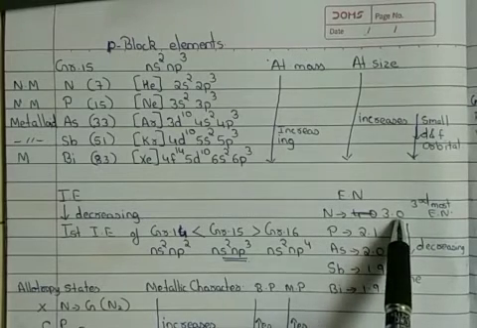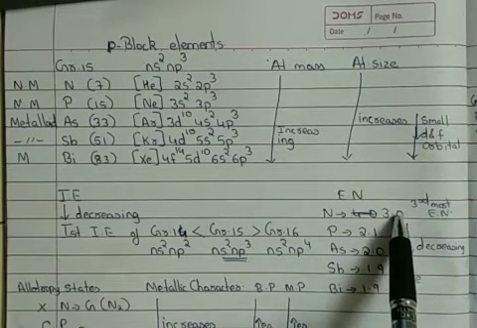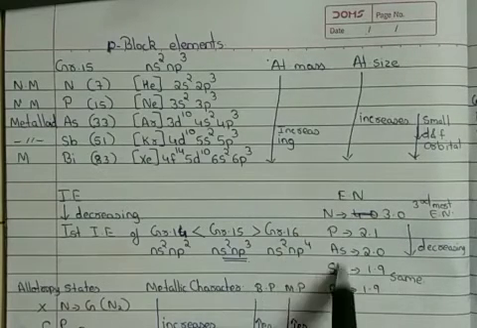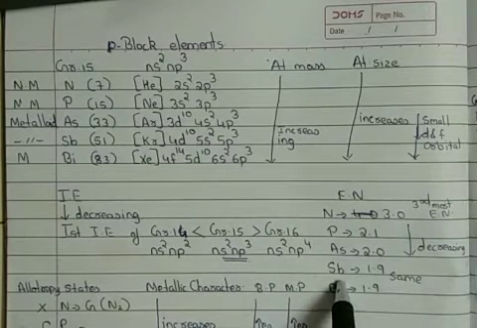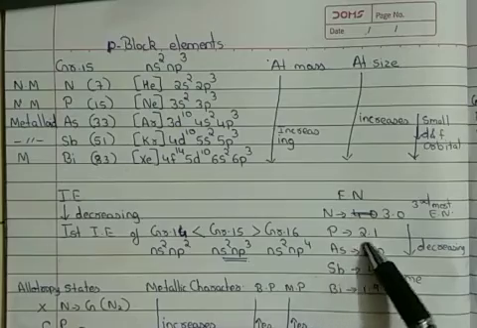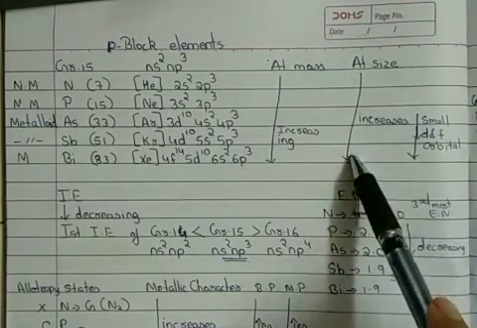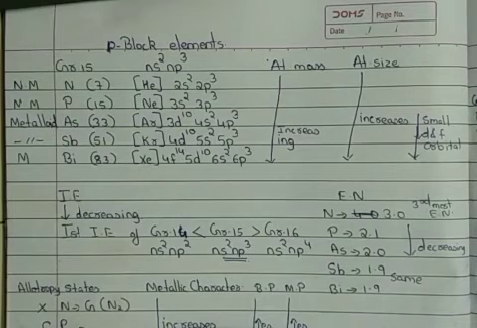The first most is fluorine, the second most is oxygen, and the third most is nitrogen, right? So down the group electronegativity decreases. Electronegativity is again inversely proportional to atomic size. So if atomic size is increasing, electronegativity will decrease.